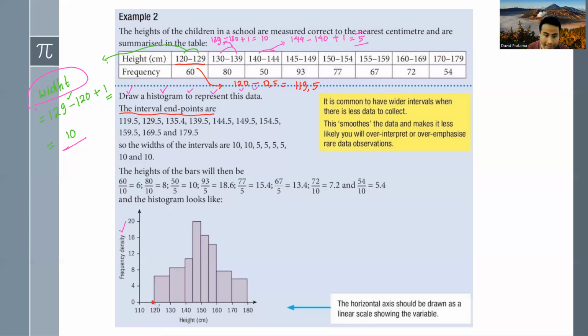And then 129 is the upper limit. For the upper limit, you always add 0.5. So 129.5. Put it in this place.